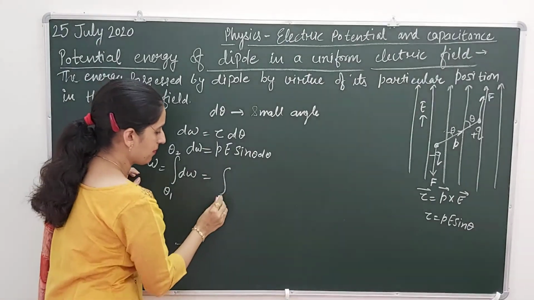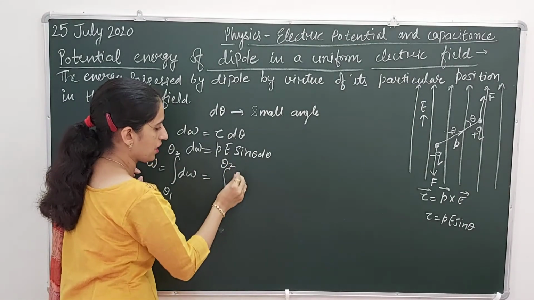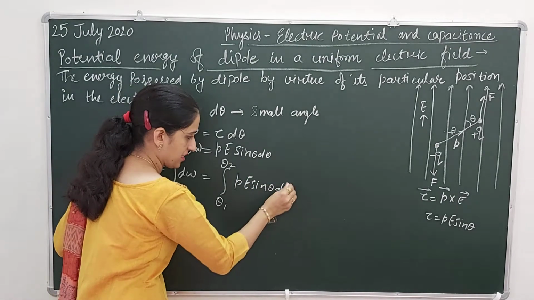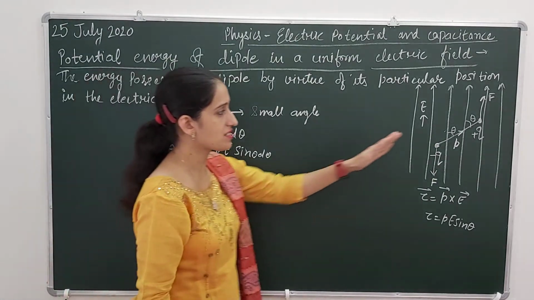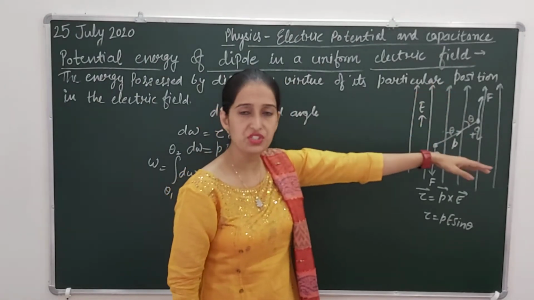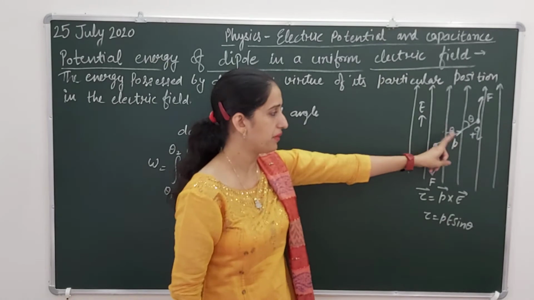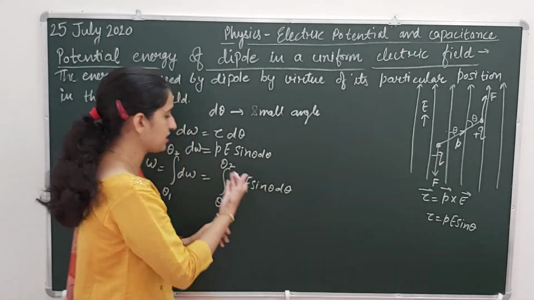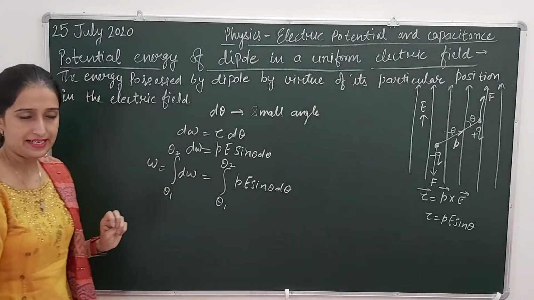So it will be given by the integral from theta 1 to theta 2 of pE sin theta d theta. We are rotating this dipole from one position to another.